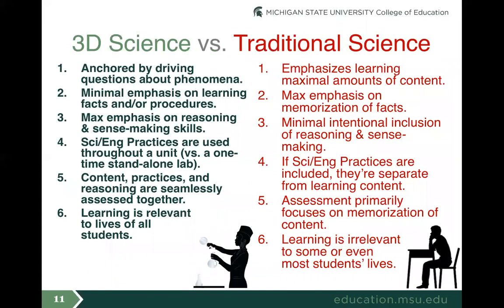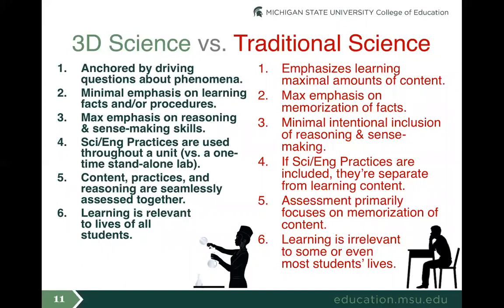So we can see a comparison between 3D science and traditional science, in that 3D science is really not about content, but about engaging students in developing questions about phenomena. Rather than emphasizing learning facts and procedures, we're maximizing our emphasis on reasoning and sense-making skills. In 3D science, science and engineering practices are not just a standalone lab or a unit on the scientific method.